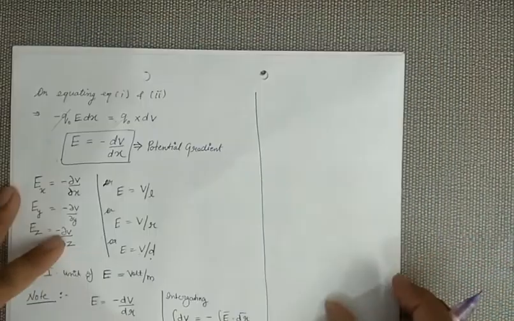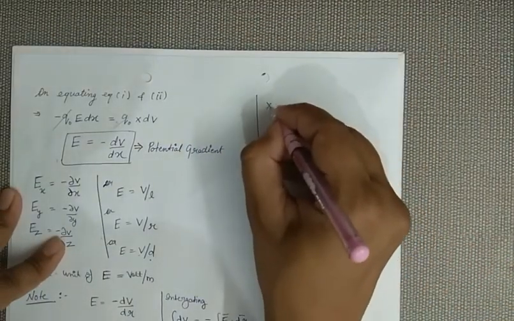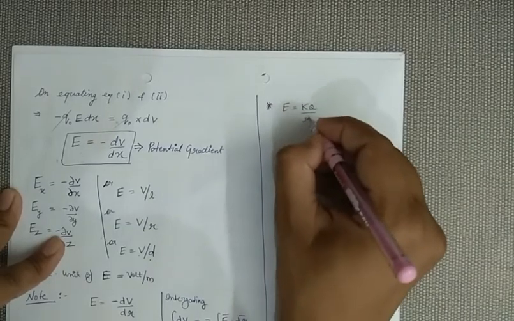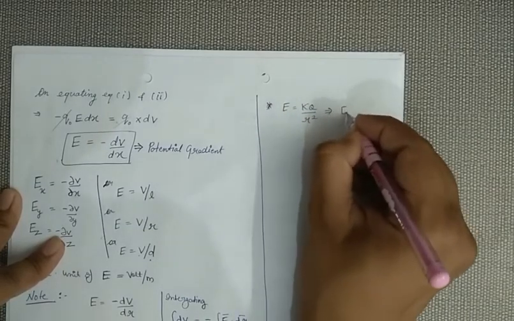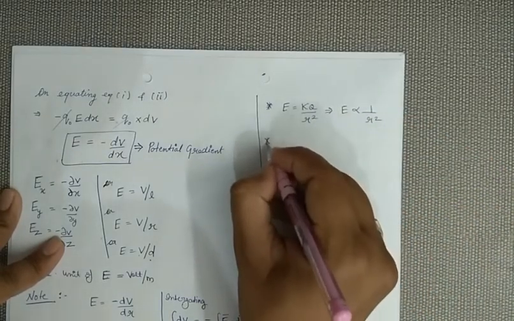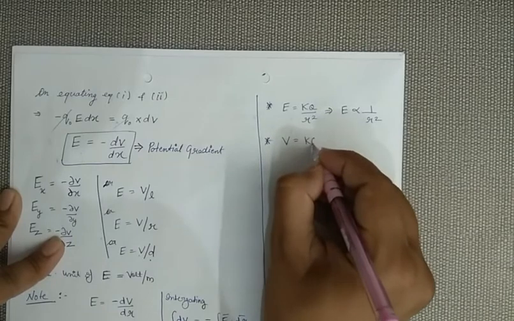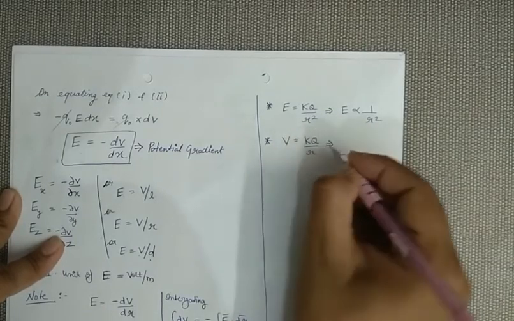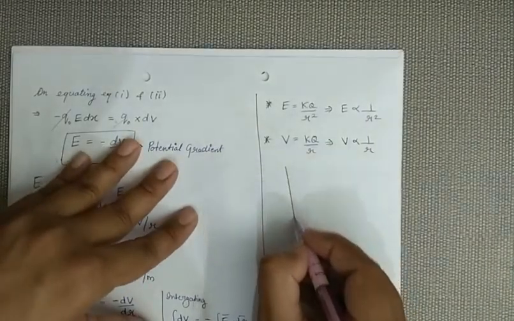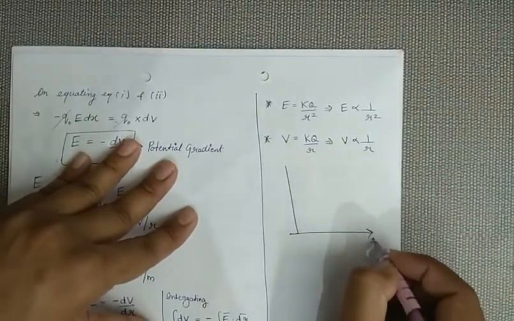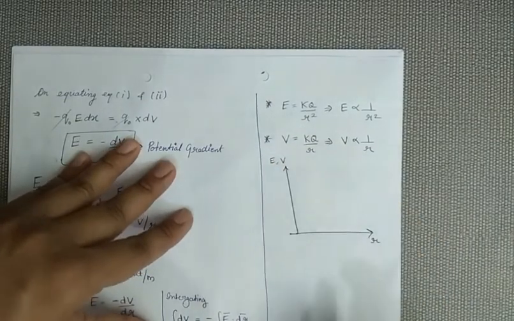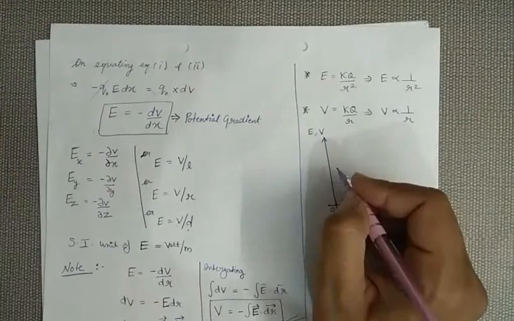Now see, one more important graph is there. If you remember, electric field is kq by r square, which means the relation of electric field with distance is inverse square. And the potential is kq by r, so the relation of potential with distance is inverse. So let me plot a variation graph between r versus E and V. How can we draw a graph between these two?